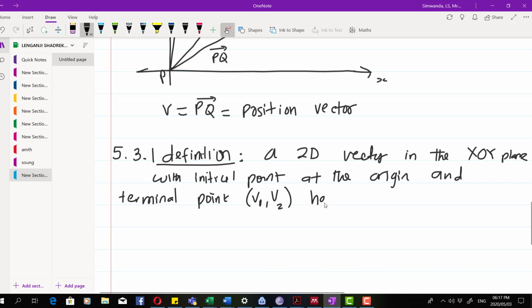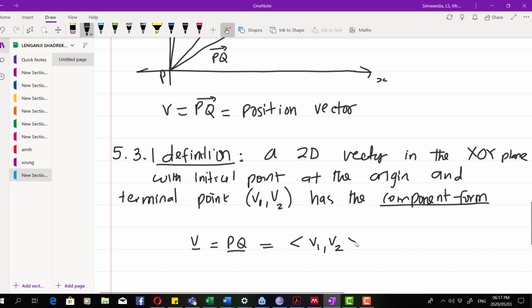Such a vector is a position vector, and now we introduce the concept of components. It has a component form. So V, underlined, that's the vector, is given by v1, v2.